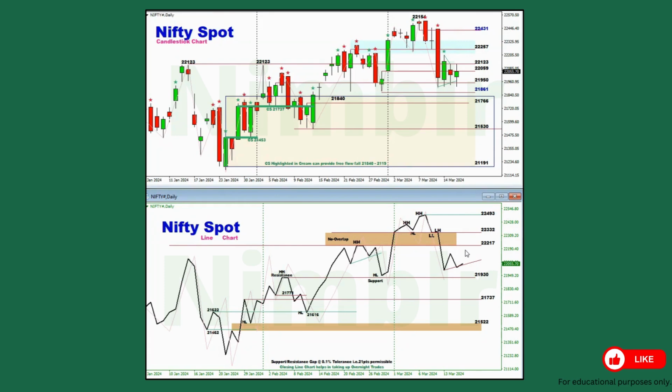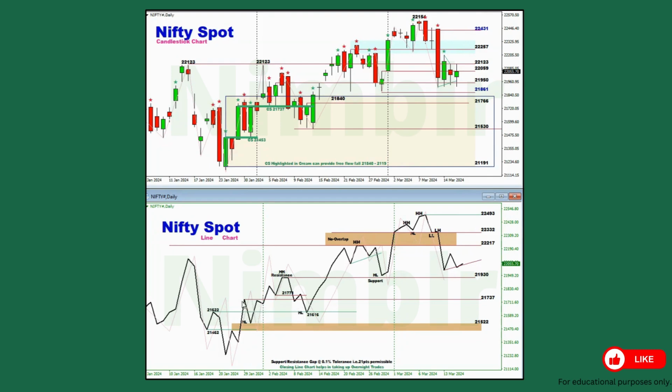It may end somewhere here, or there could be a fall at open itself. Now, when it does that on closing basis, that means as on close, we don't want the close to be below 21,930. And then our next level of close is coming from this level.